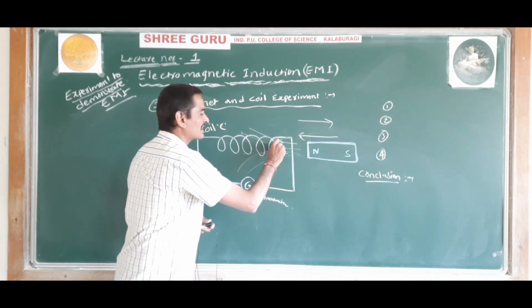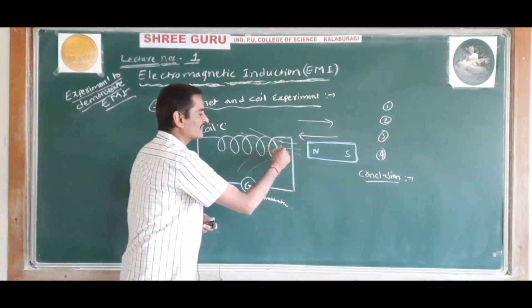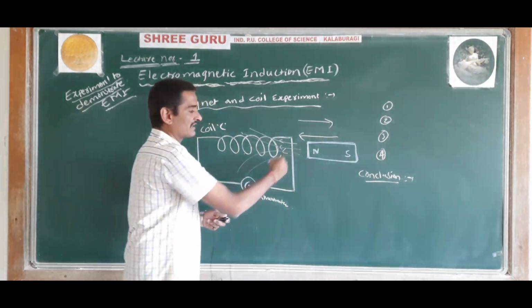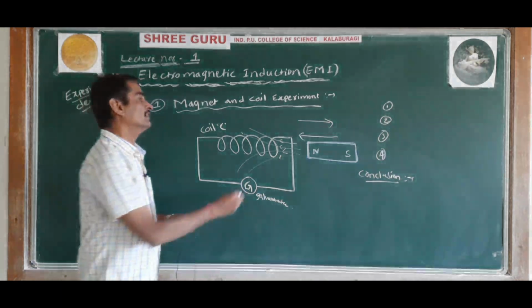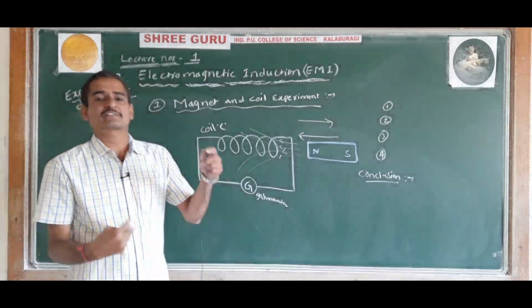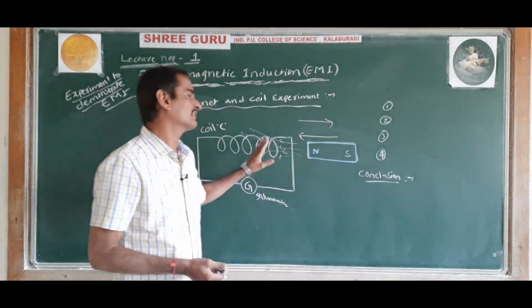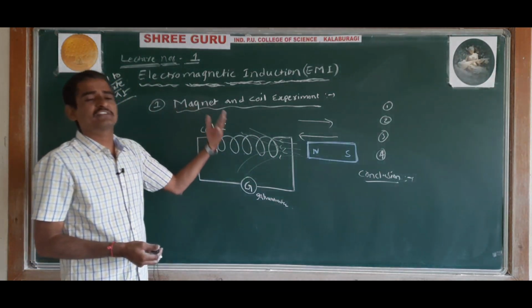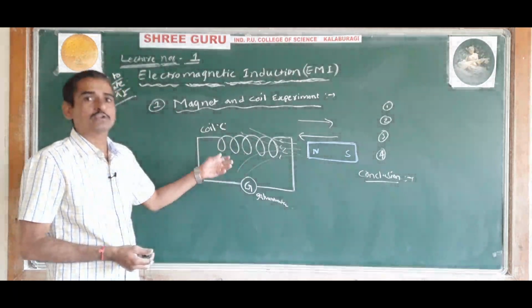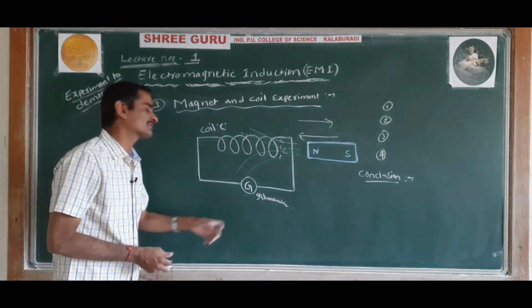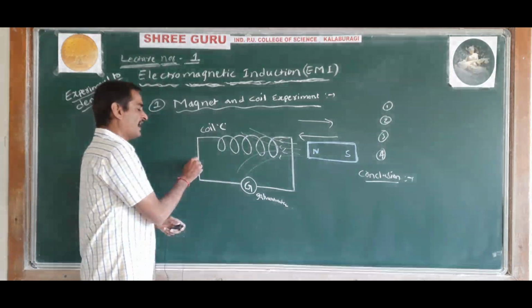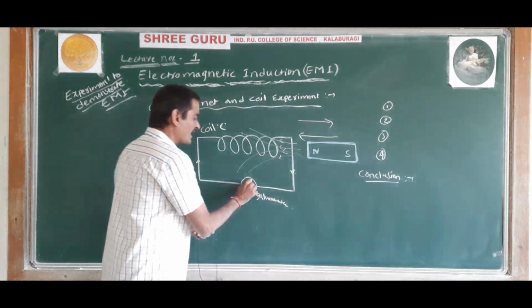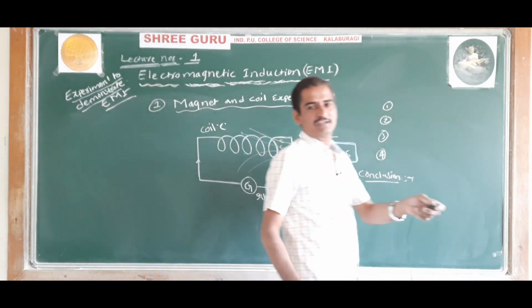The number of magnetic field lines entering this coil will change. So the magnetic flux linked with the coil changes, EMF is induced in the circuit, and that induced EMF gives rise to an induced current, and due to that induced current a deflection is produced in the galvanometer.